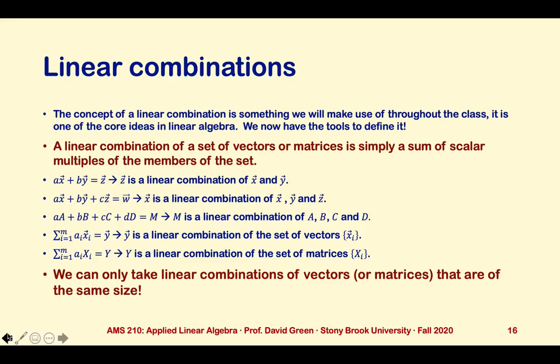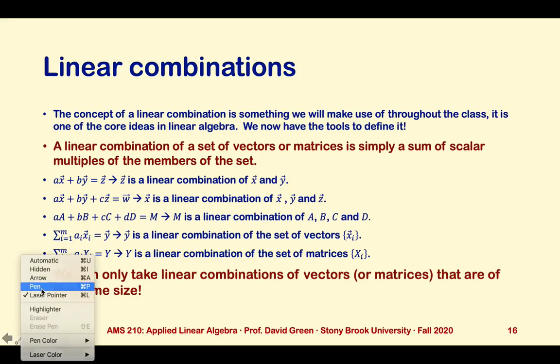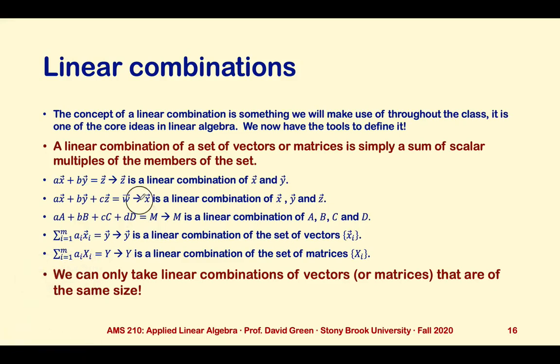W, got a little typo here. w is a linear combination of x, y, and z. For matrices, exactly the same idea. A times A plus B times B plus C times C plus D times D equals M means that M is a linear combination of A, B, C, and D.